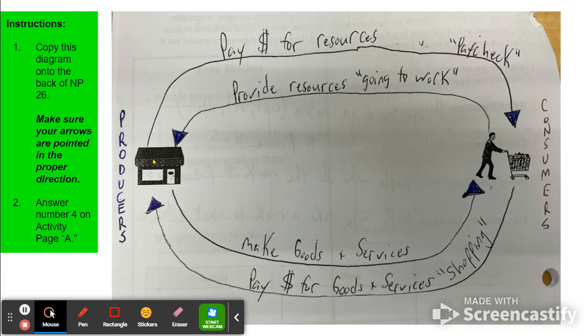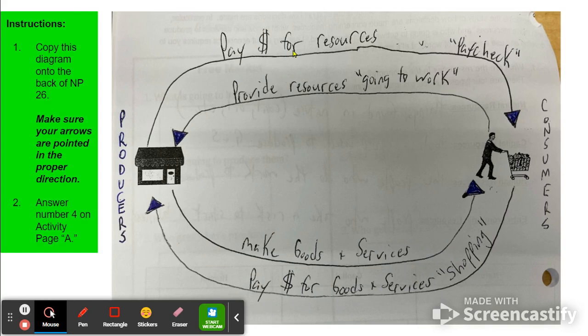The producers, they make goods and services that are available for us to go purchase. In order for us to get these goods and services, we have to pay money for them. So the producers are making the goods and services. We are paying them money for them. We call this going shopping.